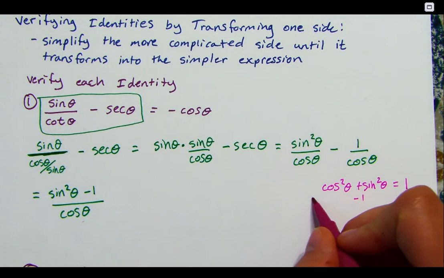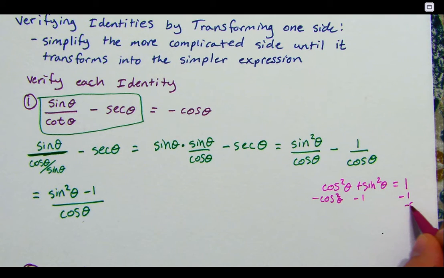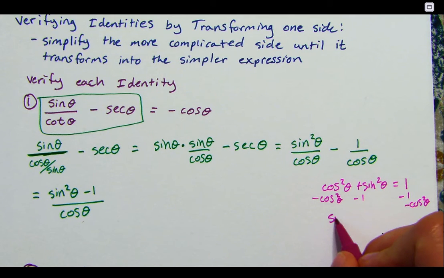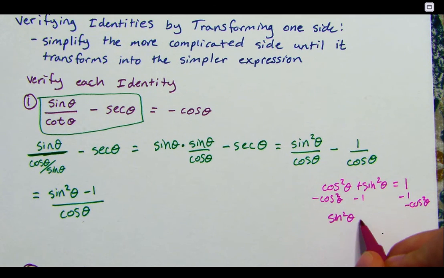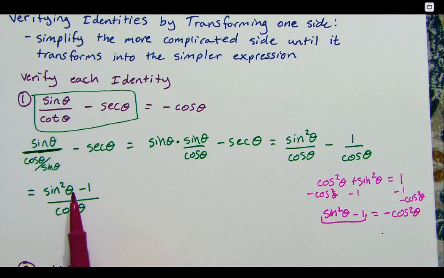So at the same time, I'm also going to subtract cosine squared theta over. Okay, so that means that this is going to become sine squared theta minus 1 equals negative cosine squared theta. Okay, so this part matches my numerator. So now I'm allowed to replace that numerator with negative cosine squared theta.